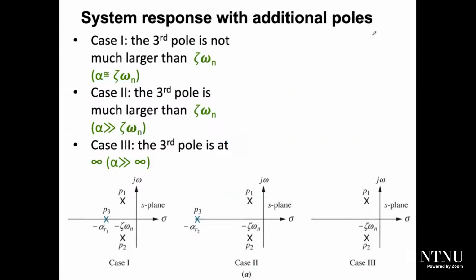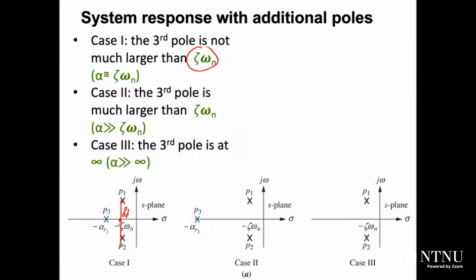In case number 1, the third pole is not much larger than zeta omega n, which is the real part. So it's closer. When we go back here, this is zeta omega n, and this is omega d, right? So it's at a distance equal to omega d from this location.